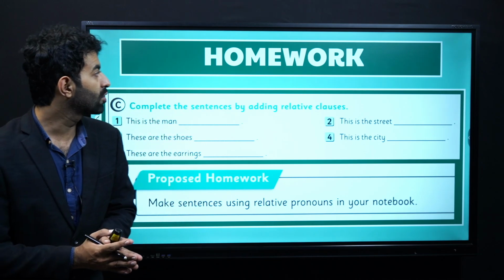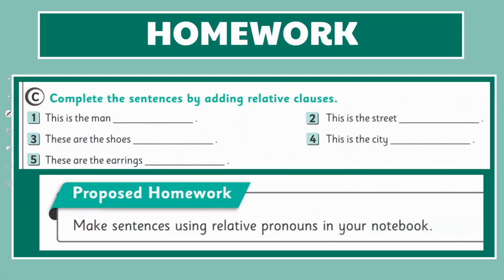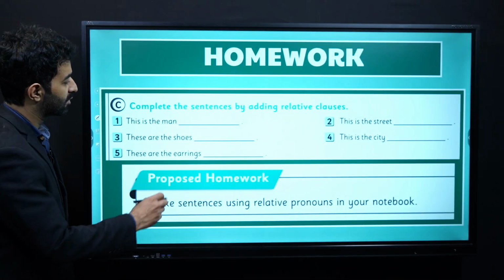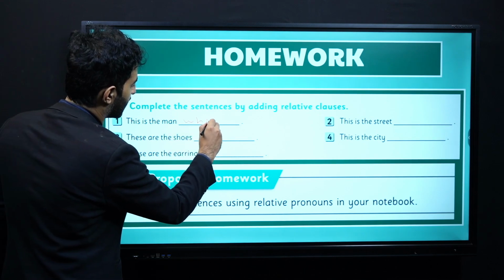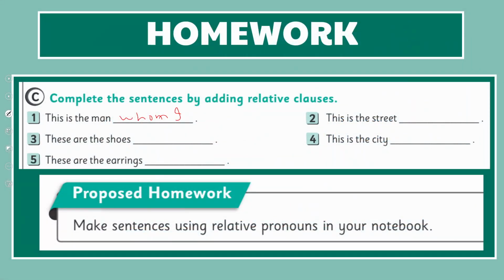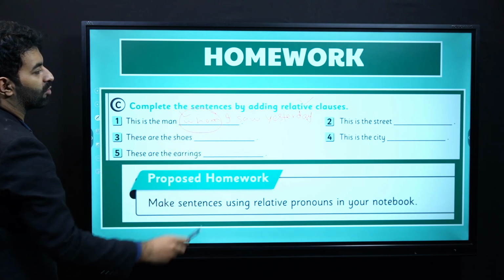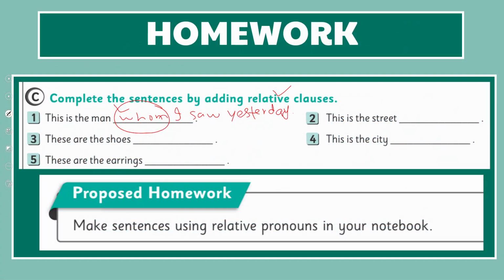Now let's talk about the homework. Complete the sentences by adding the relative clause. This is the man whom I saw yesterday. So this is how you're going to complete your relative clauses. Whom is a relative pronoun, and that makes it a relative clause.